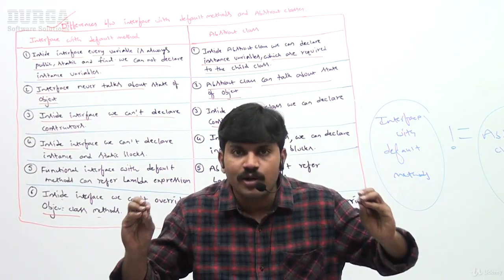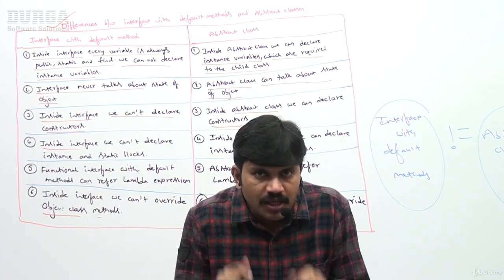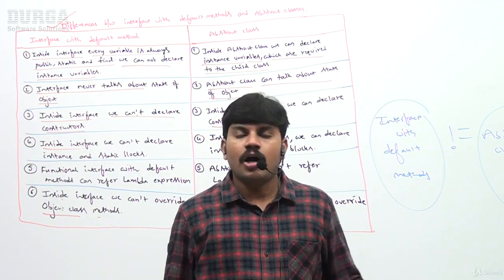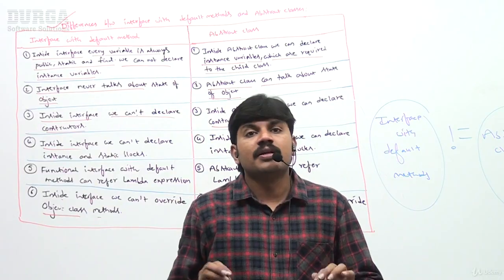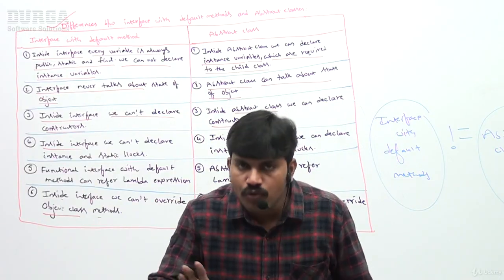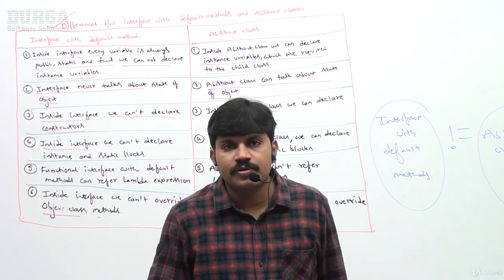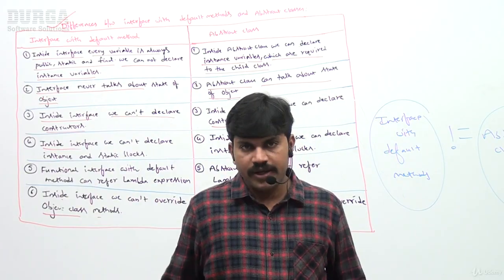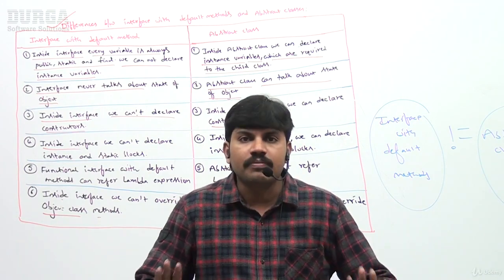Next, if two interfaces contain a default method with the same signature, in the implementation class there may be a chance of an ambiguity problem. How can you solve this ambiguity problem? By overriding that method in the implementation class. How to override, we explain with an example. Next, what is the difference between an interface with default methods and the abstract class? Okay, clear for all of you, right? That's all. This is the story about default methods.